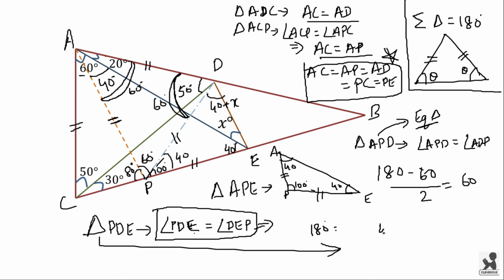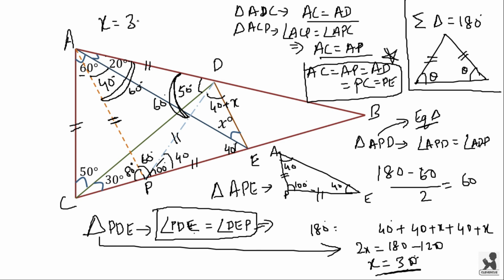So 180 degrees will be equal to 40 degrees plus (40 plus x) plus (40 plus x). We have three 40s, so it will be 120, and we get 2x is equal to 180 minus 120, and by solving we get the value of x as 30 degrees. So the value of x is equal to 30 degrees. So this is the answer.